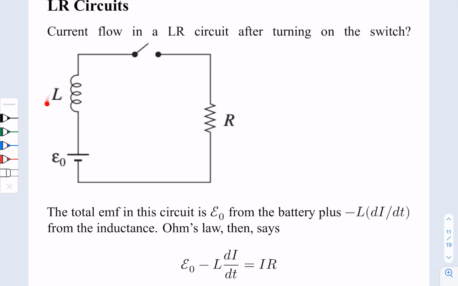Now if you produce some current in this solenoid here, then it will produce an EMF, and the EMF is what we derived earlier, minus L times dI/dt. So it's proportional to the change of the current.